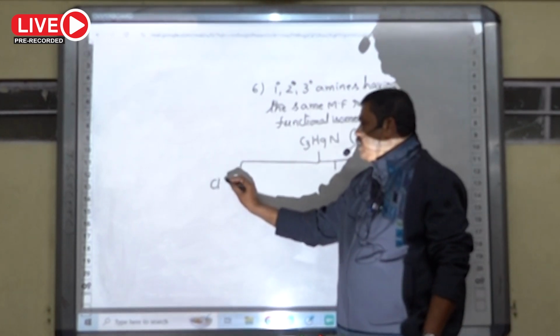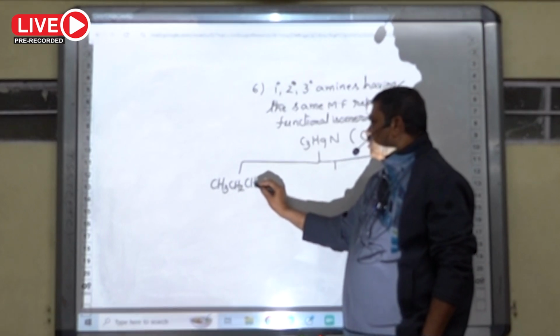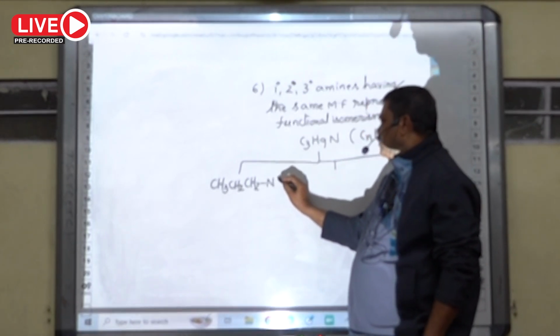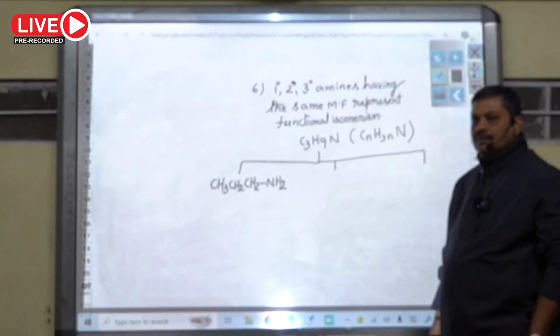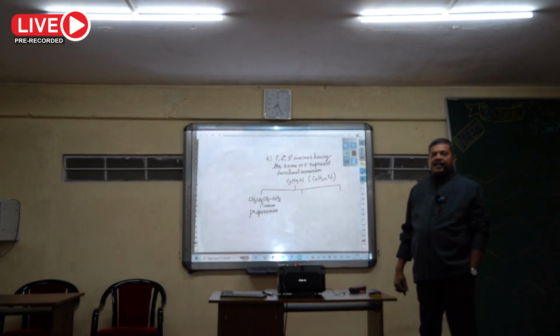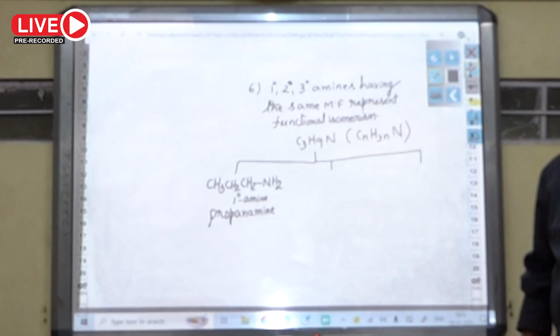One I write CH3, CH2, CH2NH2. Propanamine is the IUPAC name, common name is propylamine.